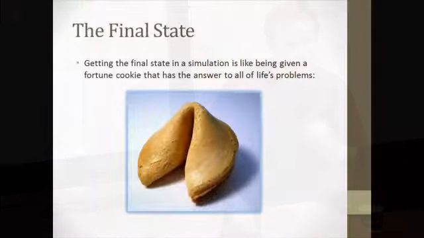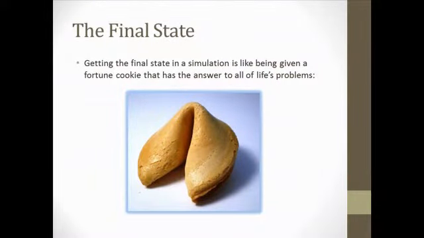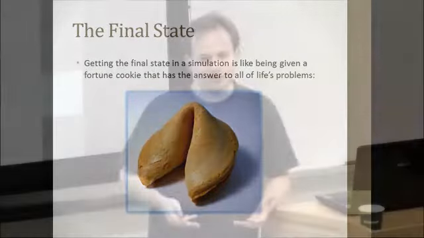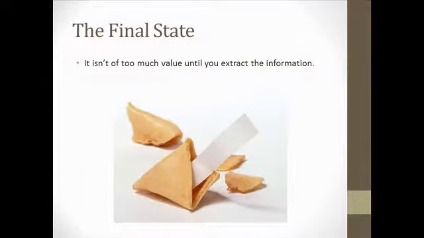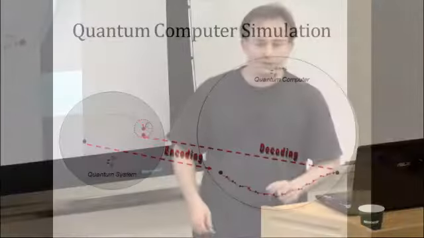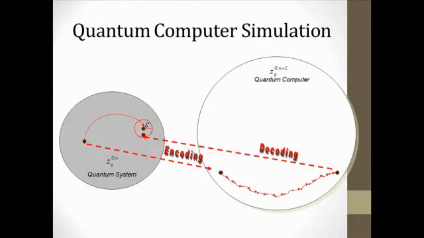Unfortunately, this isn't it, because getting the final state as the outcome is like getting a fortune cookie that contains the answer to all of life's problems in it. It doesn't really mean too much until you extract information from it. So that final quantum state doesn't solve any problems.